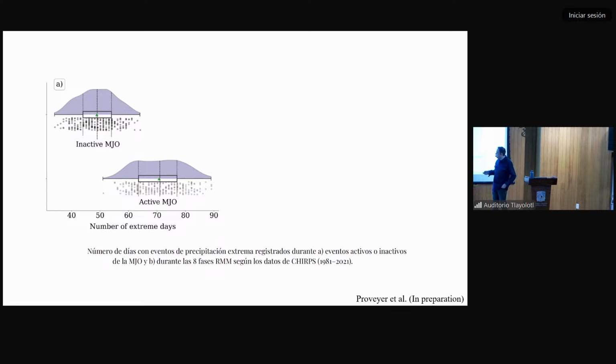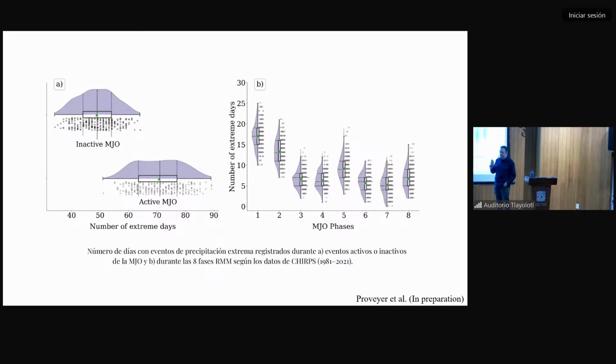And also, if we go deeper, I mentioned that we can relate this with the different phases of the oscillation. We can go and see what happened with extreme days when we have an active MJO event. And look at this. Although there is a lot of variability, there is a clear difference between phases 1 and 2, and for example, the other phases, for example, 4, 6, 7.